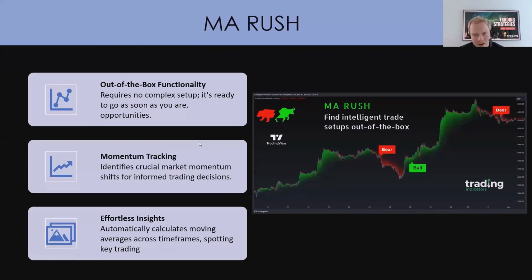We're going to have a live demo in just a second. What's also pretty cool is that it works out of the box right away. It has minimal parameters. In fact, I believe it only has 2 parameters, which you can use to fine tune it. One is to choose which moving average type should be used. Sometimes this is needed to make the chart a bit smoother and the entries a bit more clear.